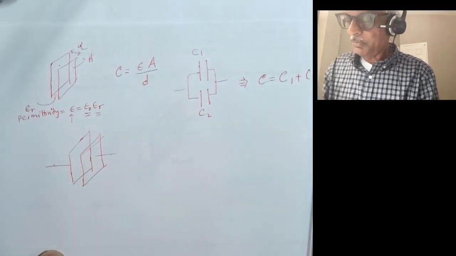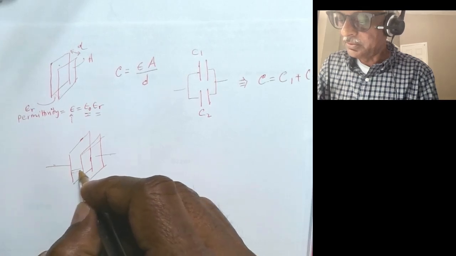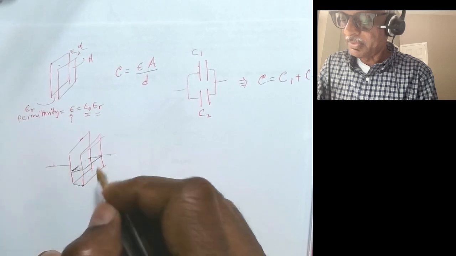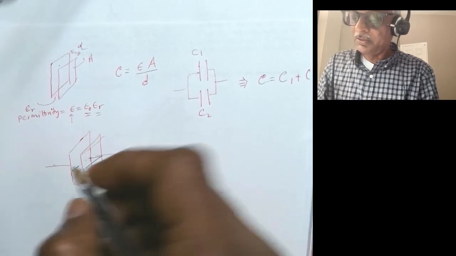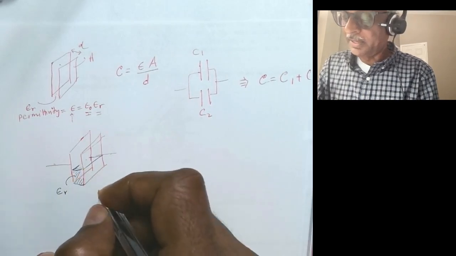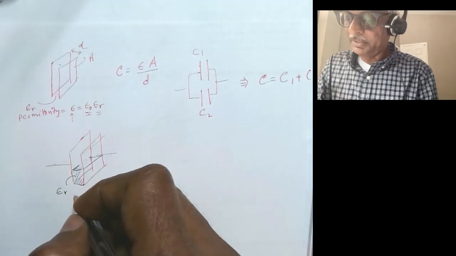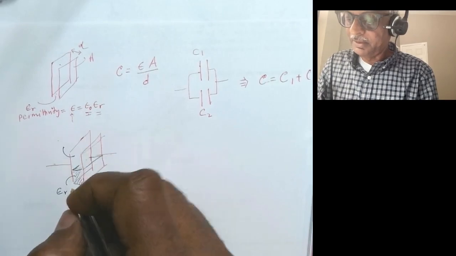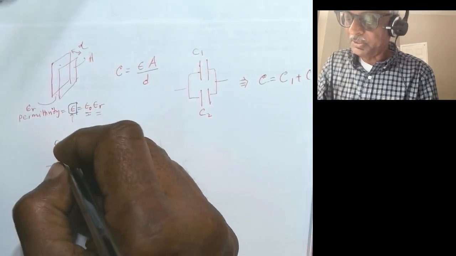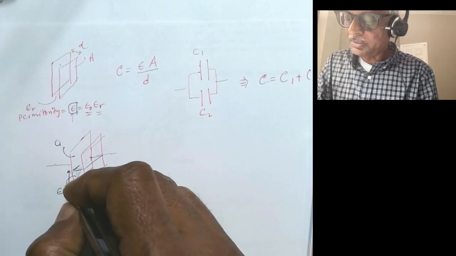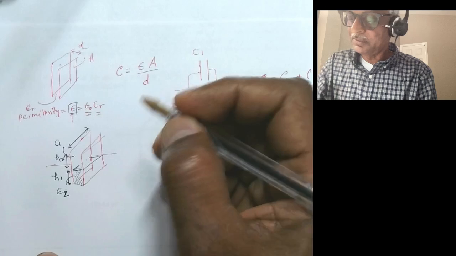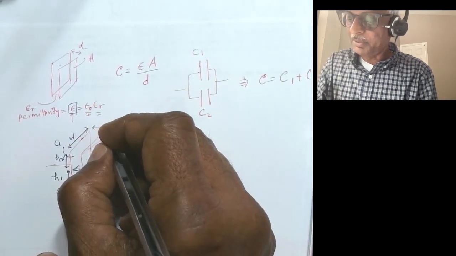Now if I were to fill up to that point with one dielectric, say permittivity epsilon 2 on this side, and epsilon 1 on this side, and this one was height h1 and this one was height h2, with the width of the plate w and the separation d.